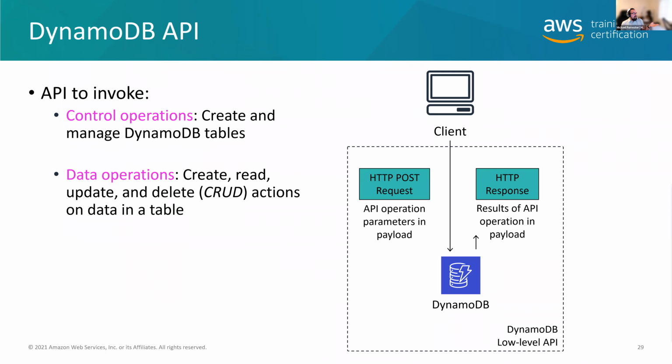There should be stream operations listed here, which allow you to control the DynamoDB stream, letting you enable and disable streams and data modification records. Your control operations are about what you can do to manage the tables. Your data operations are like CRUD: create, read, update, and delete. Kind of interested as to why they didn't put streams here.